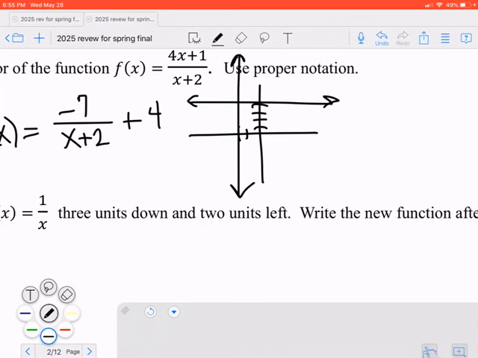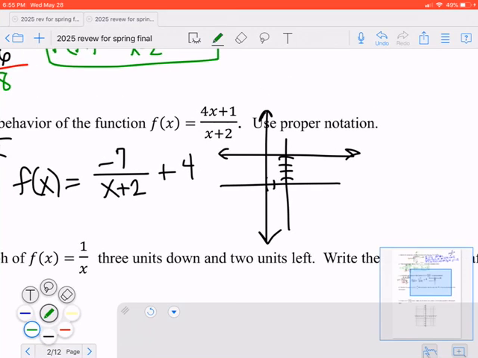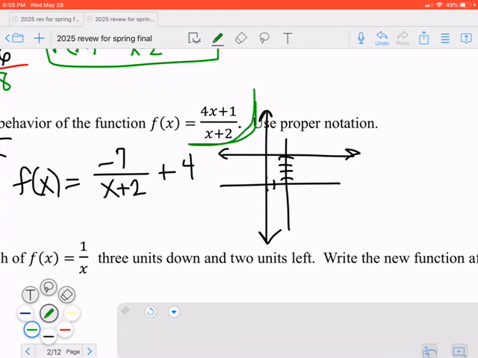It's a negative 7, so that means the branches are in the upper left and bottom right quadrants. I'm going to make my asymptotes a different color so my brain doesn't mix them up with the axes.